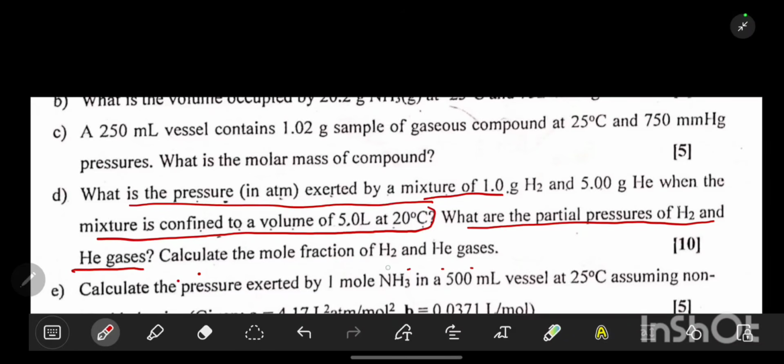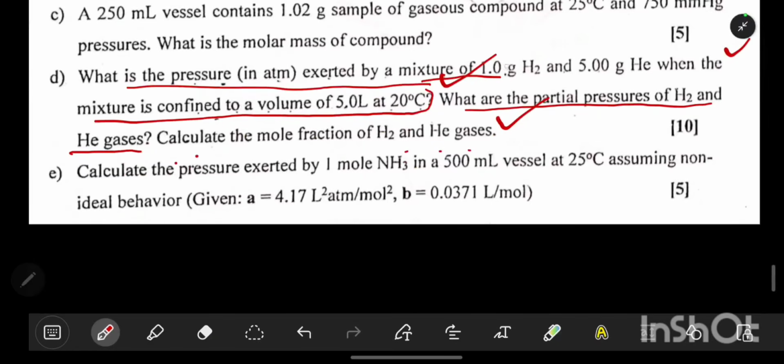Calculate the mole fraction of hydrogen and helium gases. So 10 marks. So what we are going to do is that from here we are going to begin with the partial pressures. Use the partial pressures to add the pressure of the mixture. That means to say we have answered 2 parts, then answer this separately. So there are 2 ways of answering the first one, but let's just use Dalton's law of partial pressure.